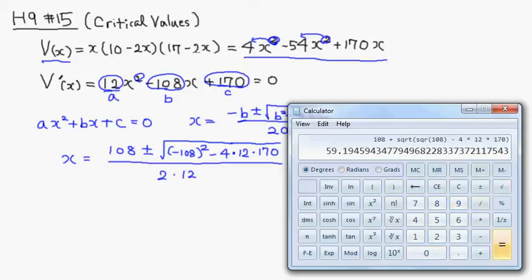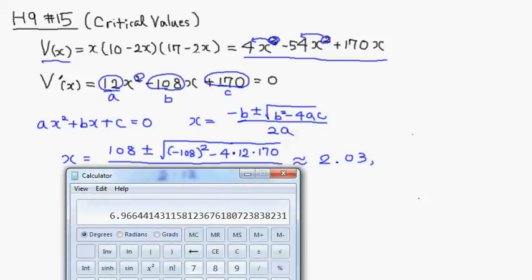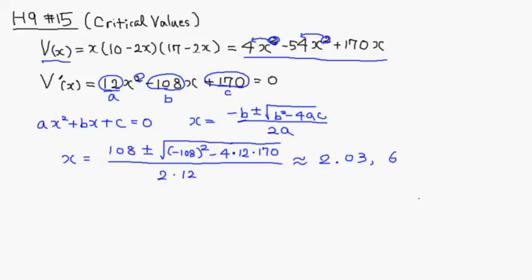That's the whole numerator, divided by 24 again. You can see that we got 6.97, so it's about 6.97. All right, so here is how you can find zeros using the quadratic formula. Maybe I should say critical values in this case.